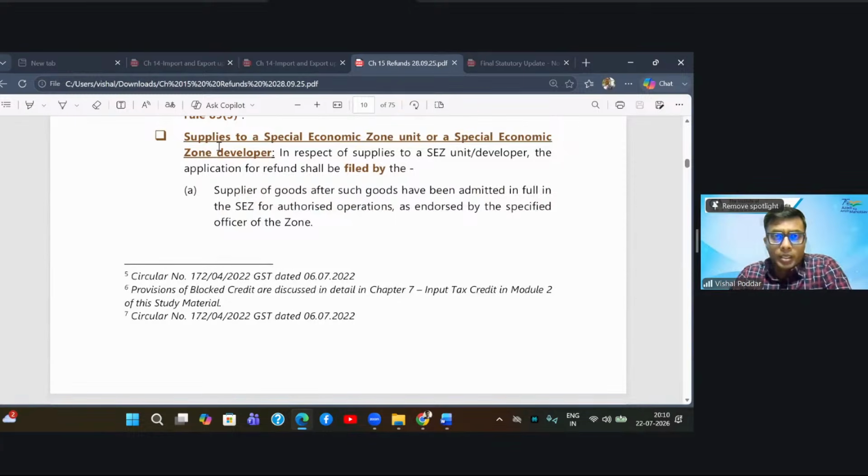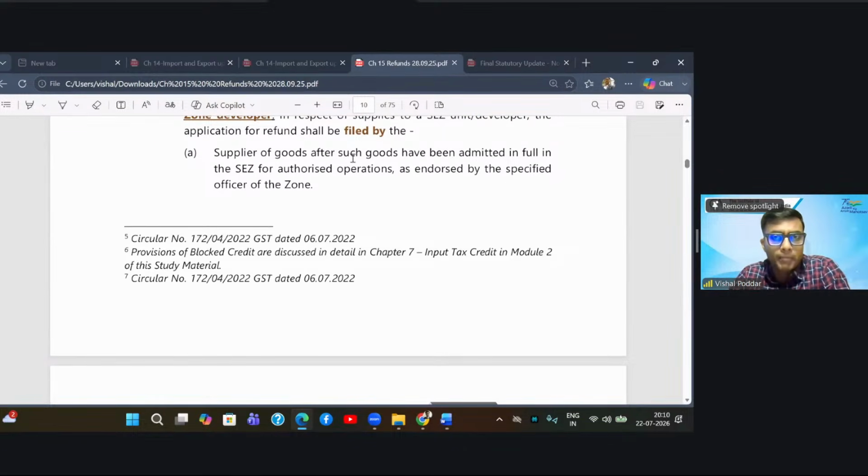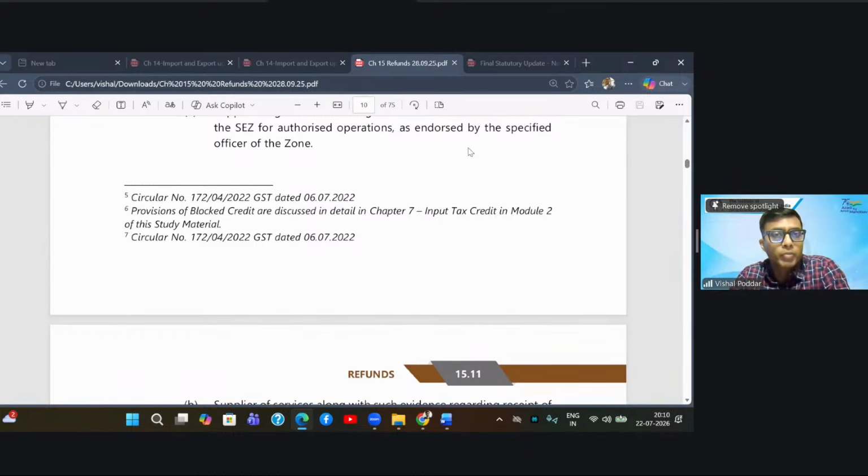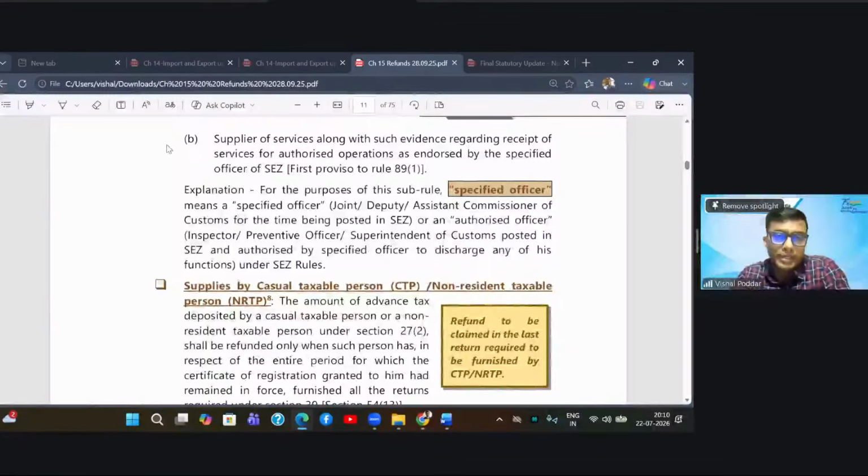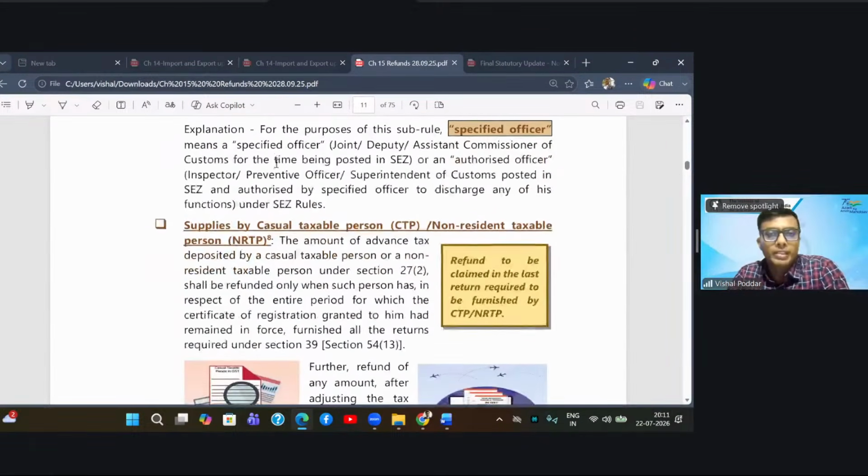Next, whenever you are making supplies to SEZ unit or SEZ developer, then refund application shall be filed by the supplier after such goods have been admitted in the SEZ for the authorized operation, and this has to be endorsed by the officer of the SEZ. Similarly, for supply of services, you should have evidence regarding the receipt of services for the authorized operation, again, which has to be endorsed by the officer of the SEZ.